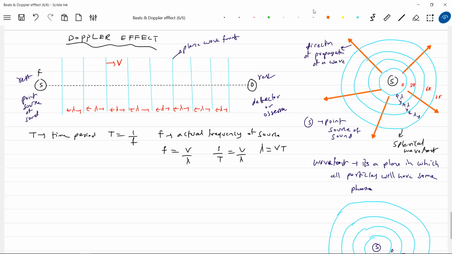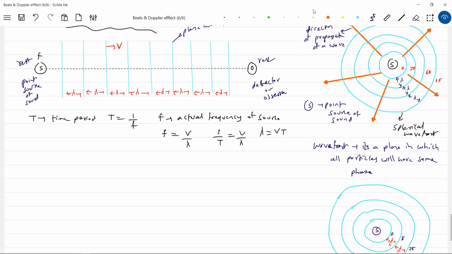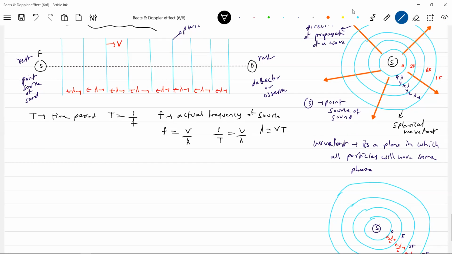Now, the source will remain fixed. It will not move. The source will be at rest.